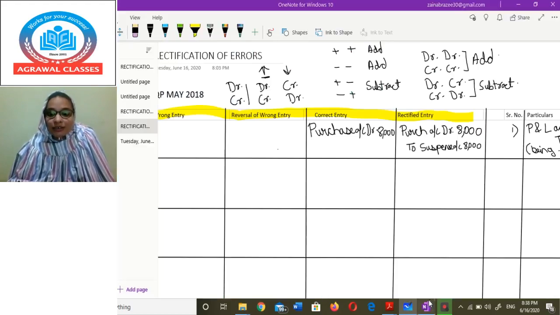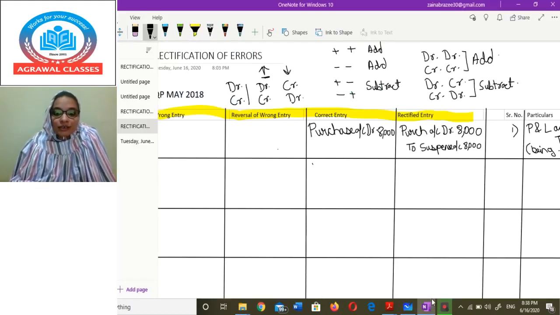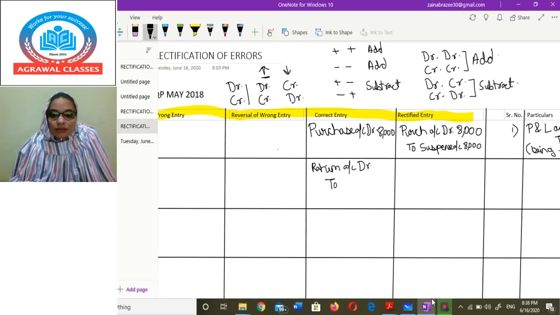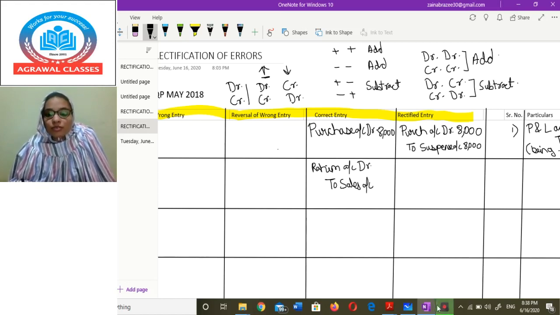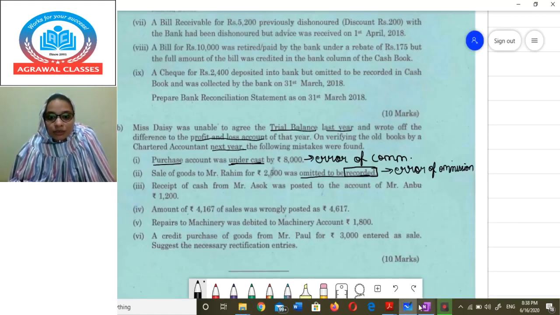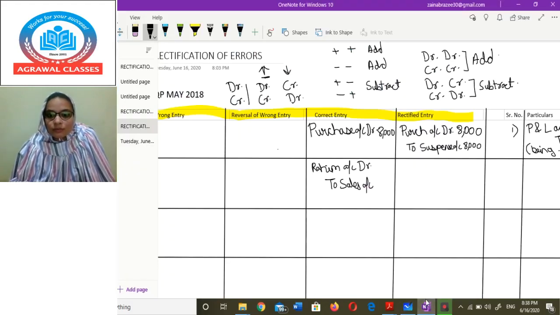ओके, सो सेल ऑफ गुड्स टू मिस्टर रहीम 2500. एंट्री क्या होनी चाहिए? एंट्री होनी चाहिए रहीम अकाउंट डेबिट to sales account. Rahim account debit to sales account. Amount is 2500.